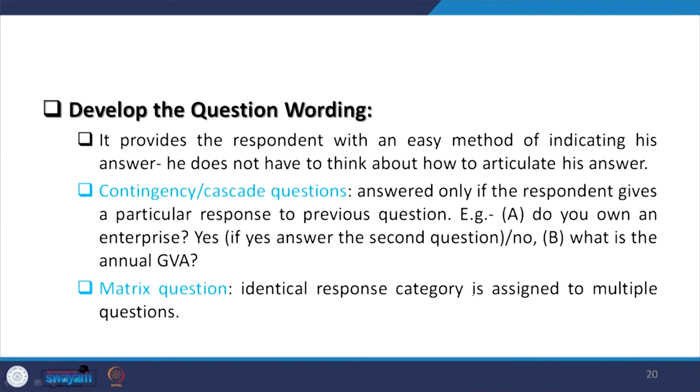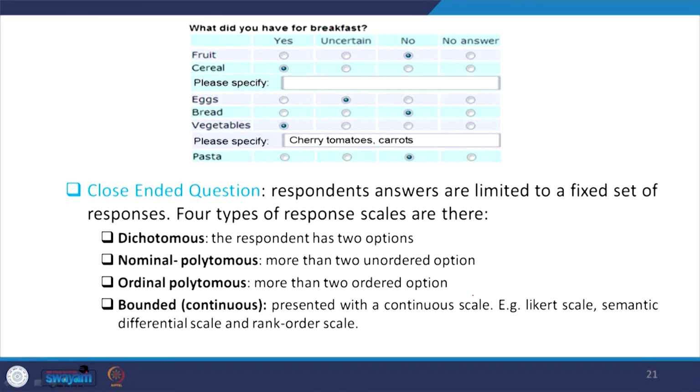Okay. Another type of question we discuss is called a matrix question, where an identical response category is assigned to multiple questions, like in a matrix form. The same type of question must be asked to the entire set of respondents, with responses like yes, uncertain, no, no answer.